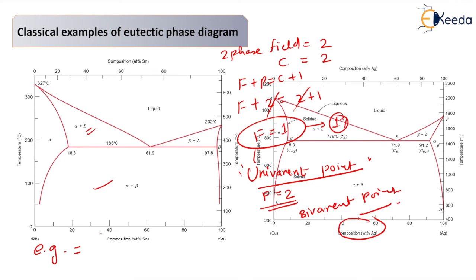We have lead and tin as seen. We also have cadmium, zinc. We also have copper, silver, etc. These are the examples of this phase diagram, the second kind or second type eutectic phase diagram.